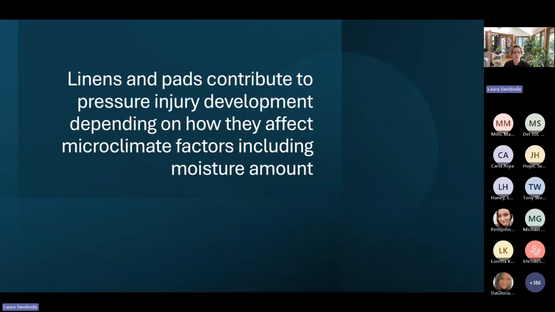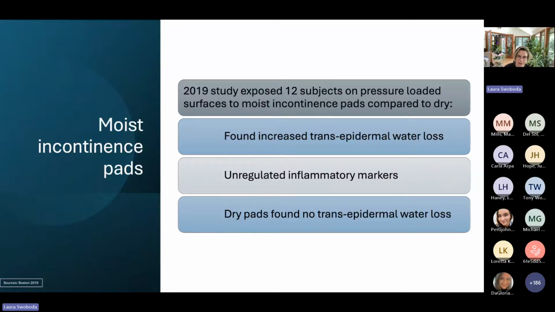So linens and pads contribute to pressure injury development depending on how they affect microclimate factors, including the moisture amount. Moist incontinence pads. So this was a 2019 study. They exposed 12 subjects on pressure-loaded surfaces to moist incontinence pads and also dry incontinence pads. And they found that moist incontinence pads had increased transepidermal water loss. They had upregulated inflammatory markers.